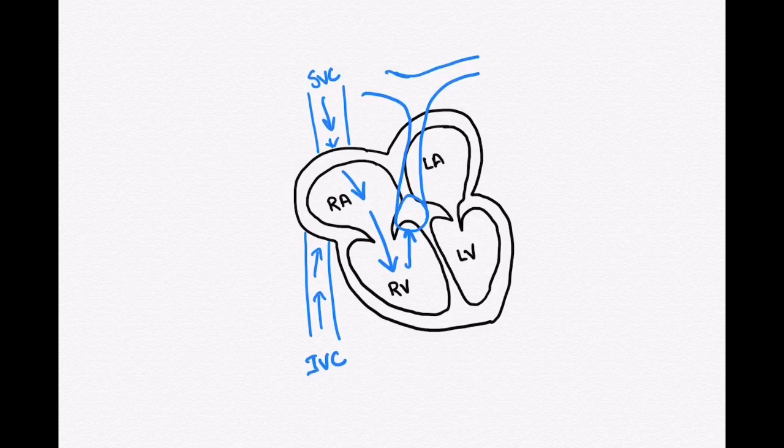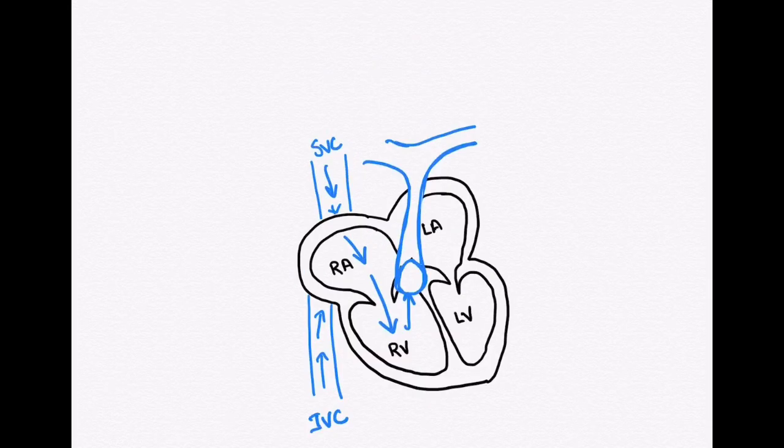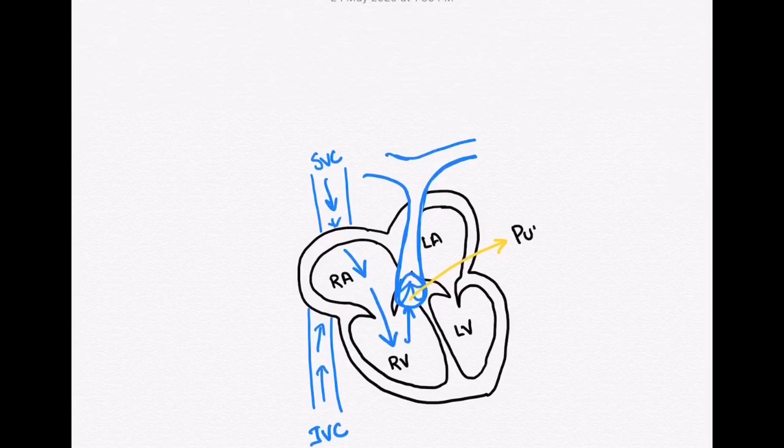the pulmonary arteries. So from the right ventricle, it is going through yet another orifice which is guarded by a valve known as the pulmonary valve. From the right ventricle through the pulmonary valve, the deoxygenated blood is going through the pulmonary trunk.